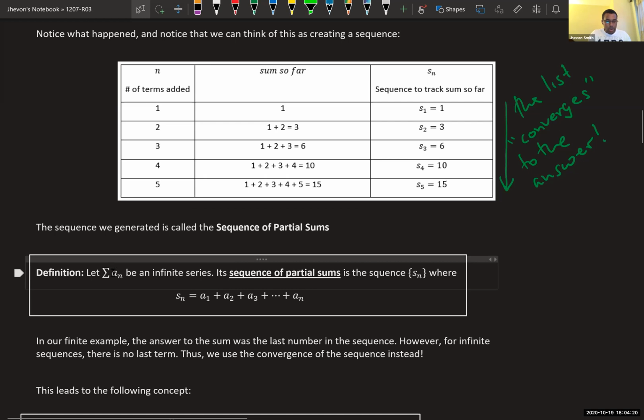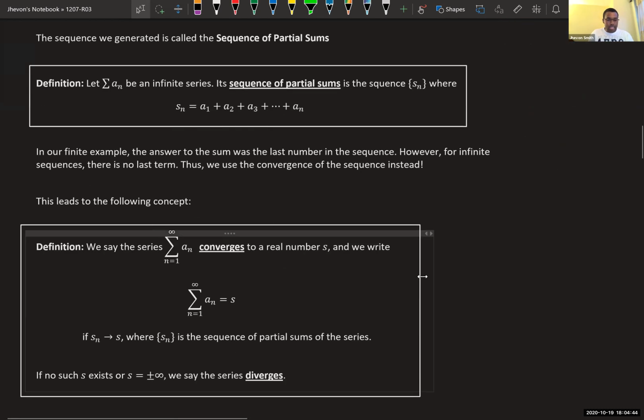If we have an infinite sum, the sequence of partial sums becomes an infinite sequence, and we try to see whether that sequence converges to something, which now we know what it means for a sequence to converge. So if we have an infinite sum, we can construct a sequence of partial sums and see if that converges. And that leads us to this definition. This is what it means for a series to add up to something meaningful.